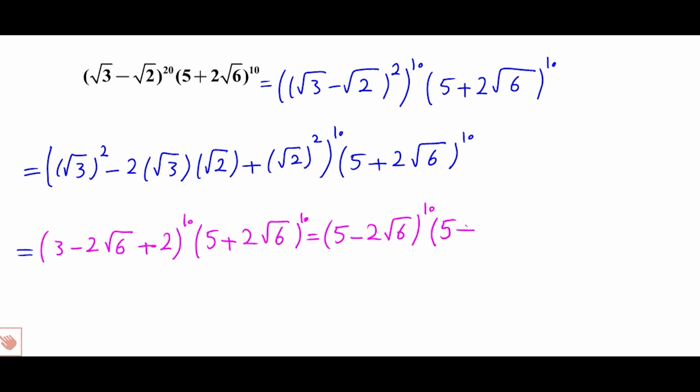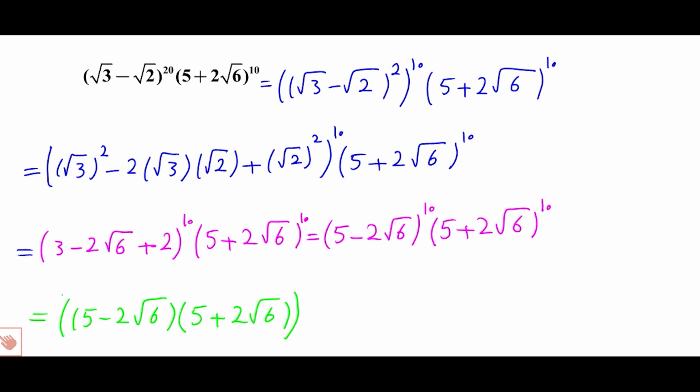Times 5 plus 2 times the square root of 6, whole to the power of 10. Now these two expressions have equal exponents. So we have 5 minus 2 times the square root of 6 times 5 plus 2 times the square root of 6, whole to the power of 10.